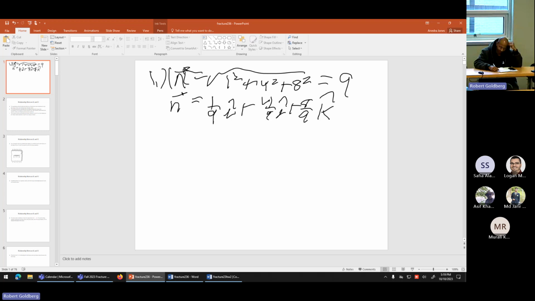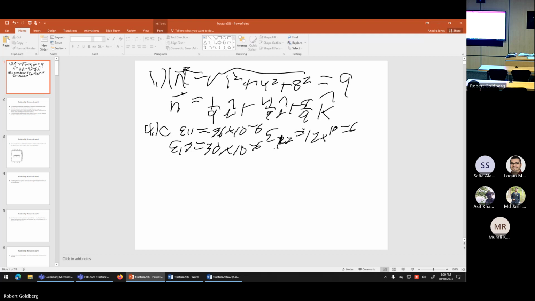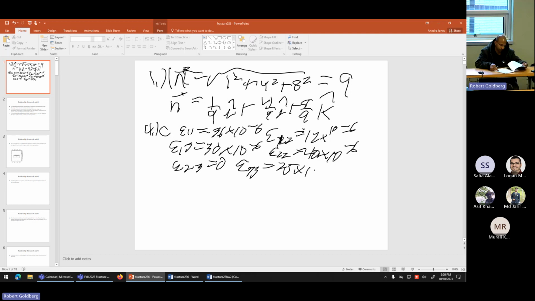Then the other thing, for part C, where you're given the strain tensor, what you needed to do was to say that epsilon 1 was equal to 36 times 10 to the negative 6, epsilon 2 is equal to 40 times 10 to the negative 6, and epsilon 3 equals 25 times 10 to the negative 6.